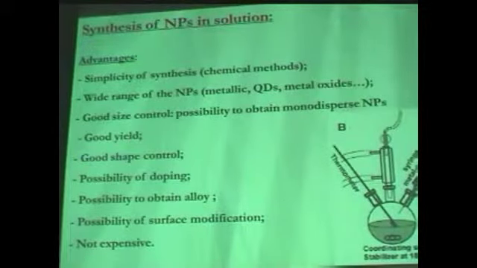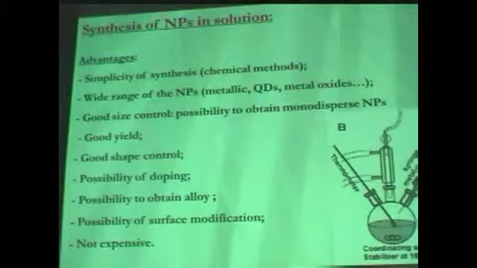So we arrive at the synthesis of nanoparticles in solution, the synthesis used by chemists. The advantages are the following. First of all, the simplicity of the synthesis. For chemical methods, we need just a flask, the refrigerator, the thermometer in order to control the temperature, and we inject the precursor in the reaction dish.